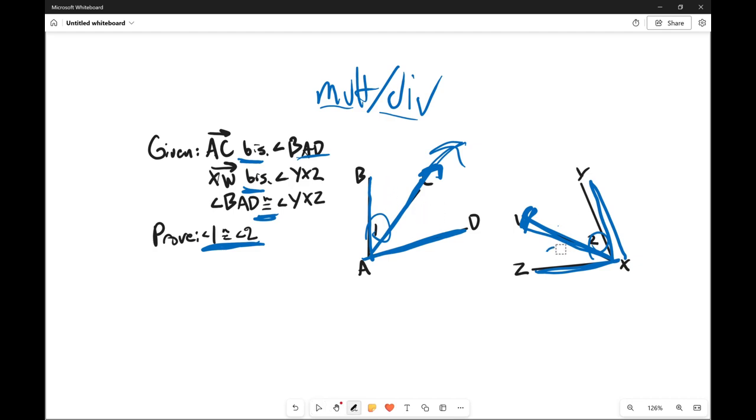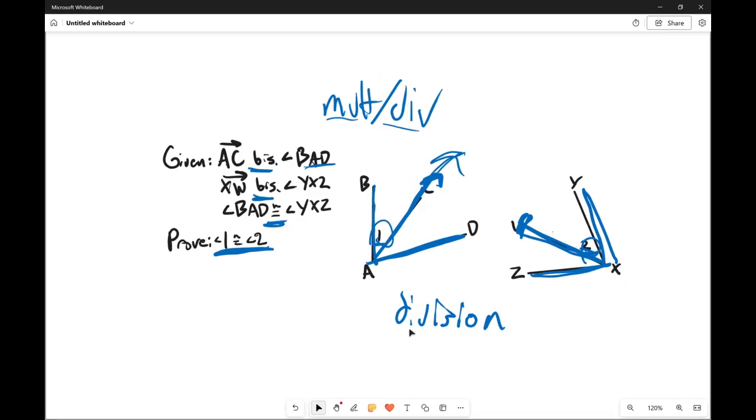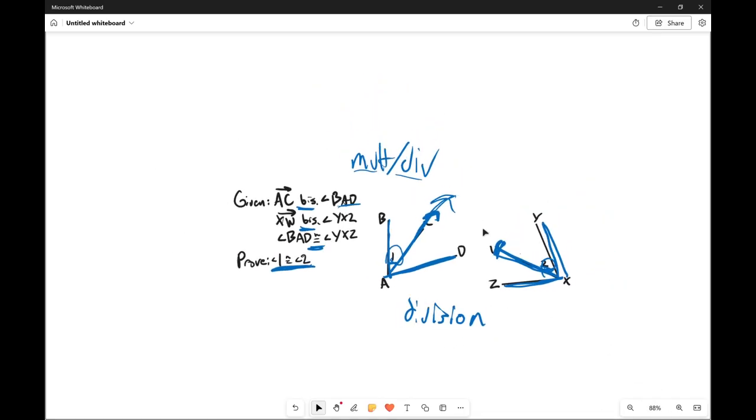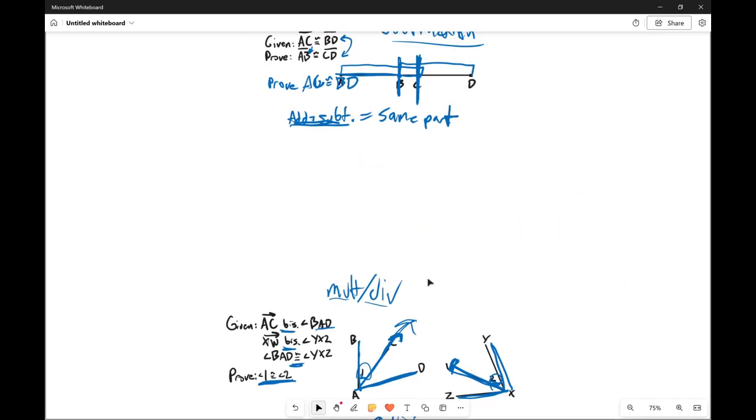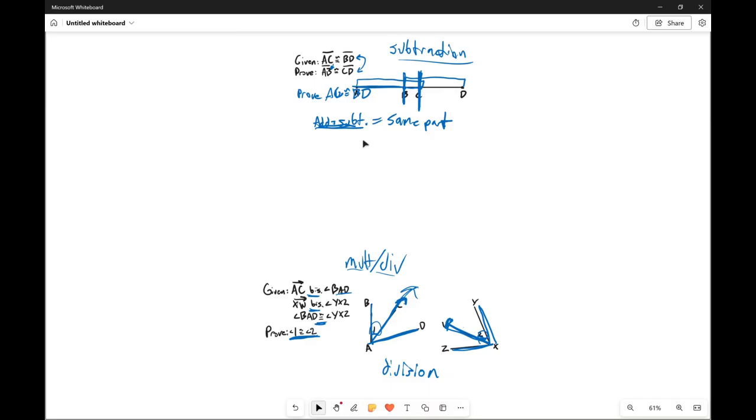And in this case, as per usual, if there's a labeled one, like a 1 or a 2, that's important. In this case, it's the 1 and the 2 that you're trying to find, so you could just call this division. And the important thing to remember between this and this is that the addition and subtraction is always going to be the same part.